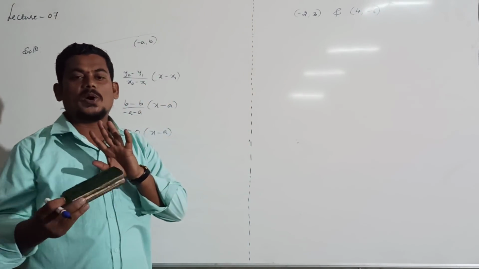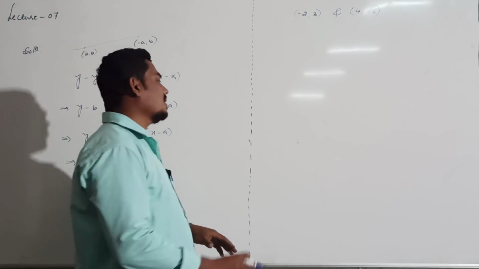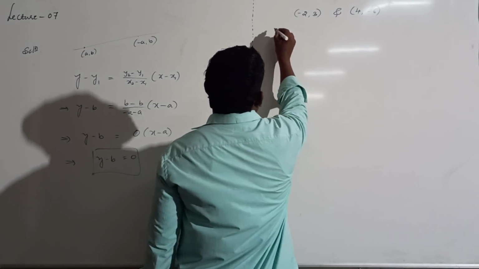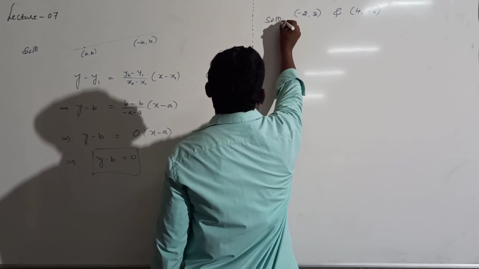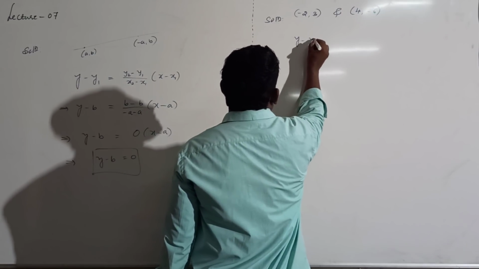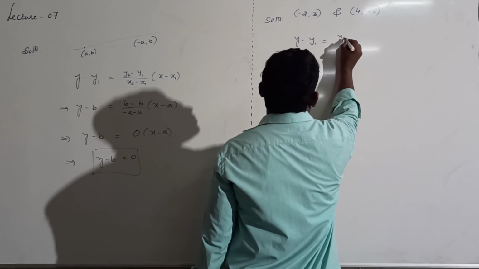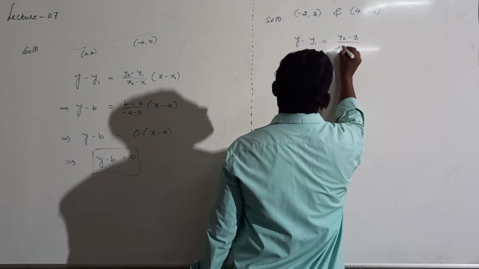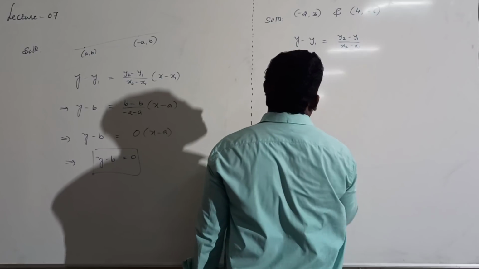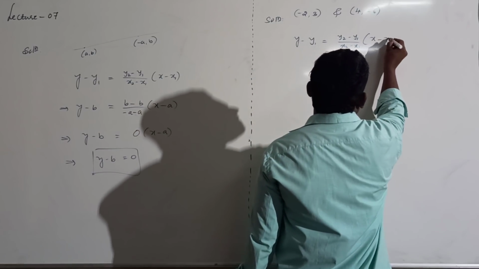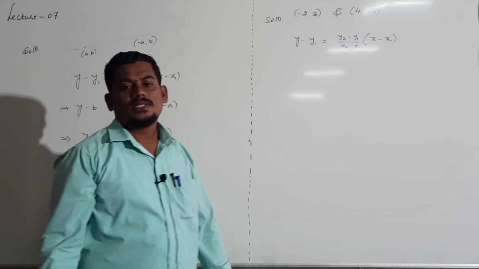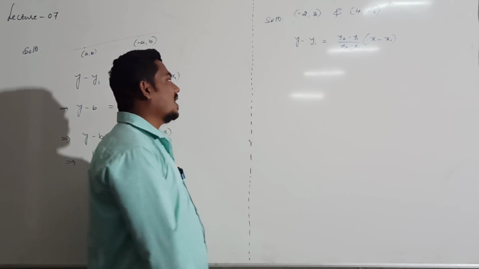Passing through 2 points, just use the 2 point formula. y minus y1 is equal to y2 minus y1 divided by x2 minus x1 into x minus x1, which is the required formula.